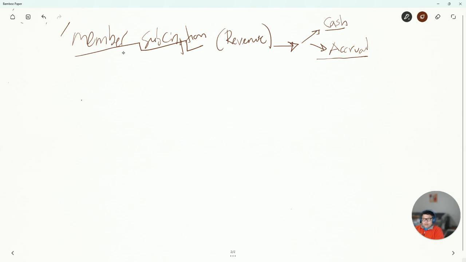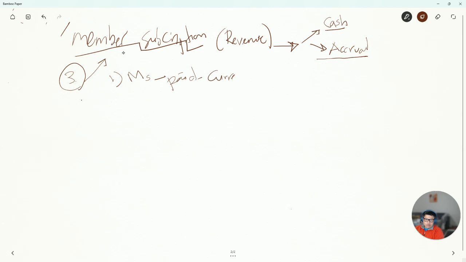Let's look at a simple scenario. There are three scenarios for the member subscription, member fee pay. One, members pay for the current year's subscription. Two, members have not paid for the current year.